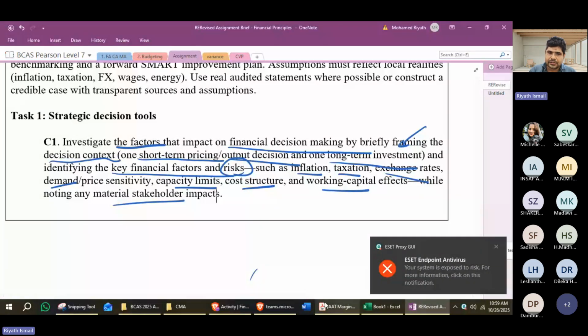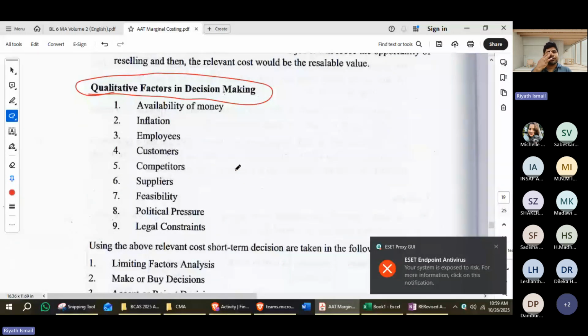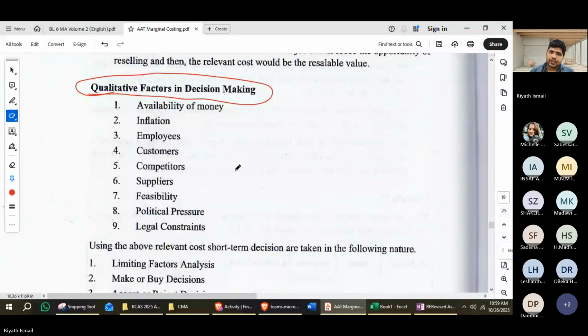To attend to this, you may consider these qualitative factors in decision making: availability of money, inflation, availability of employees, the customer base, competitors, suppliers, feasibility, political pressure, legal constraints. So these are some qualitative factors.